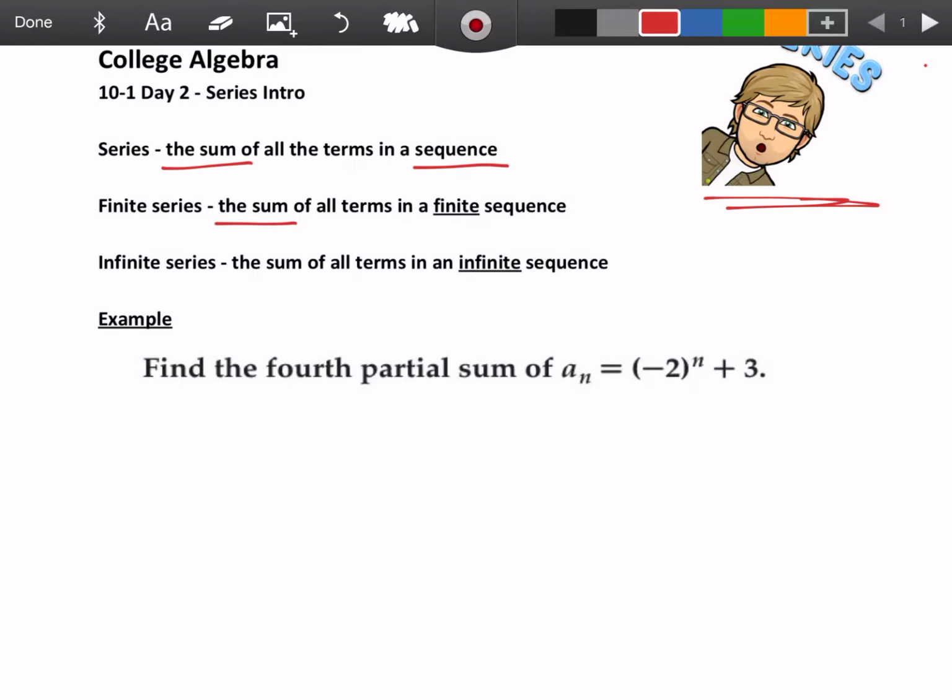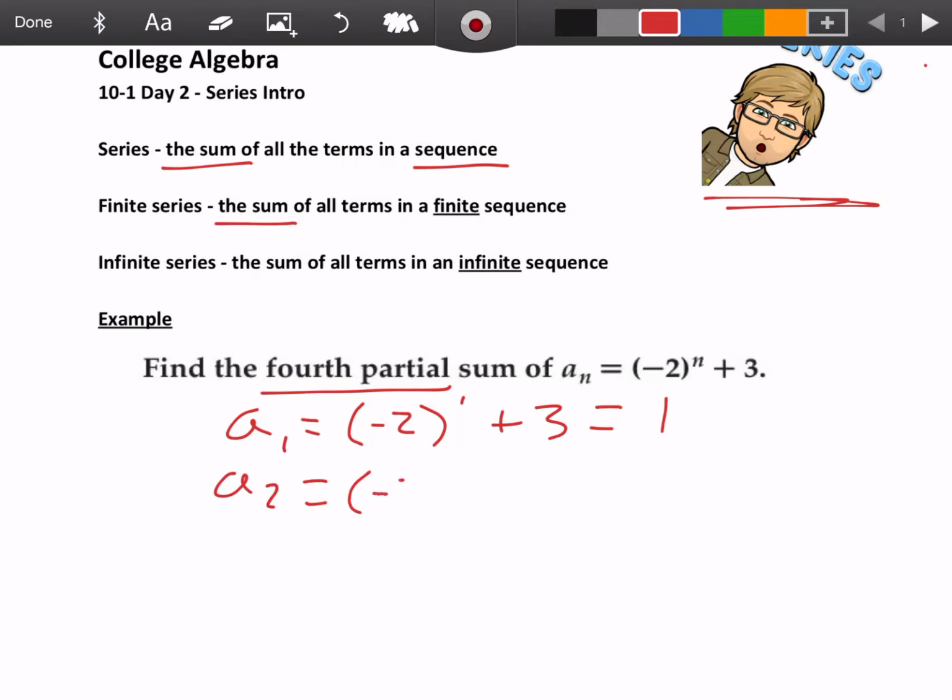Our first example, another thing that we need to talk about is this fourth partial sum. So it gives us an equation, and basically what a fourth partial sum means is just add up the first 4 terms. So here we would just go through, find a1, and so this would be -2 to the first plus 3, that would be 1.